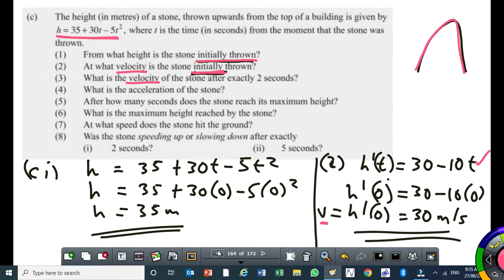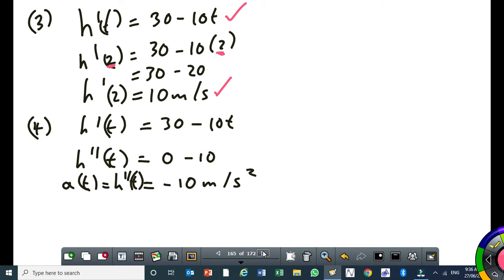Then the next question says, what is the acceleration of the stone? Now, acceleration is the second derivative of this height function, or you can say it's the gradient of the velocity function. So there are two ways.